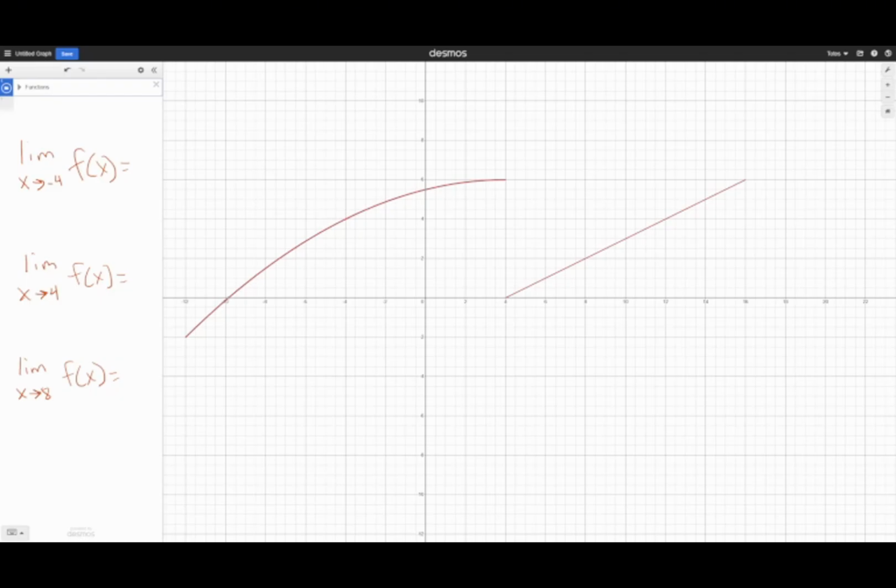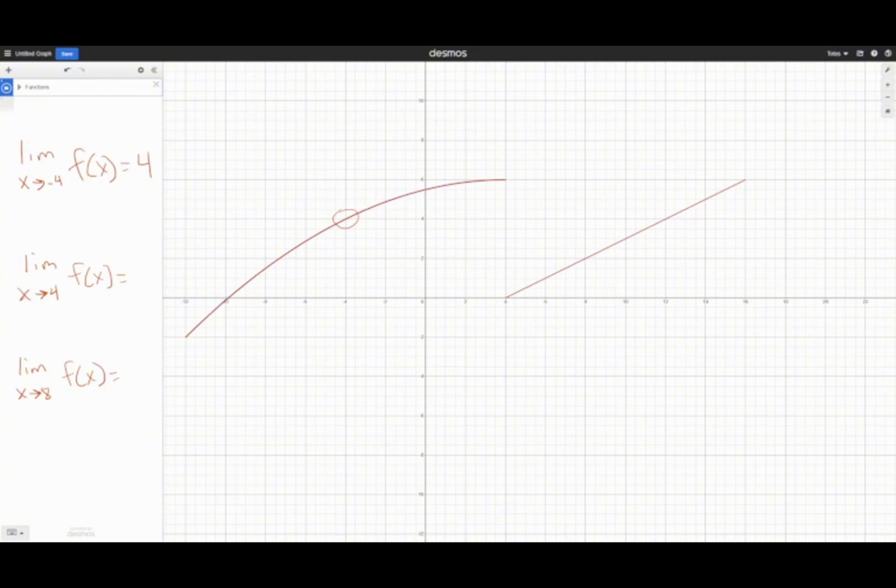So we can say that the limit as x approaches -4 of f of x is equal to 4, which you can clearly see on the graph. Now, if we were to look at the limit as x approaches 4, coming at it from the left, well, it looks like it would be 4. But coming at it from the right, it looks like we're approaching 0.